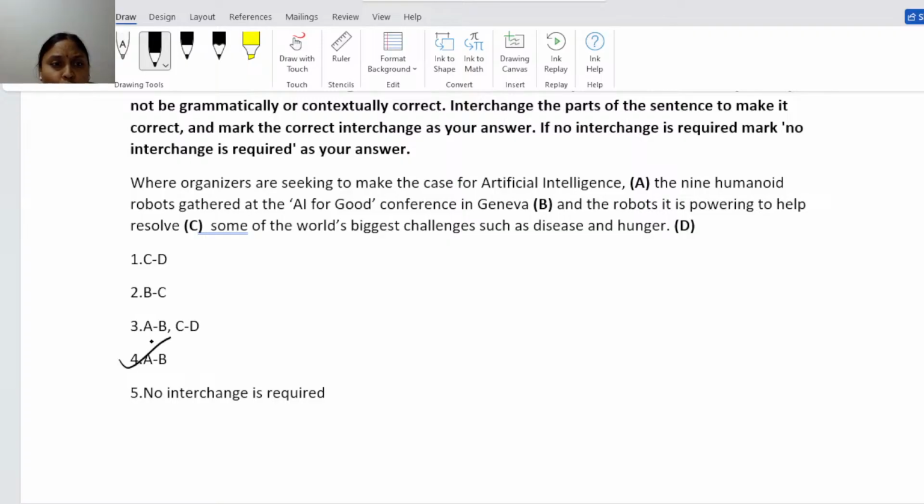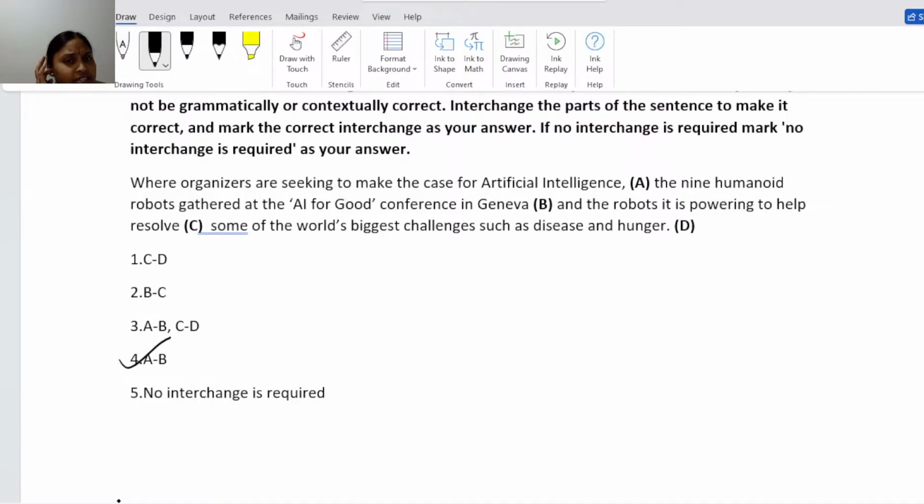The 9 humanoid robots gathered at the AI for Good conference in Geneva, where organizers are seeking to make the case for artificial intelligence. And the robots it is powering to help resolve some of the world's biggest challenges such as diseases and hunger. This is a rearrangement.